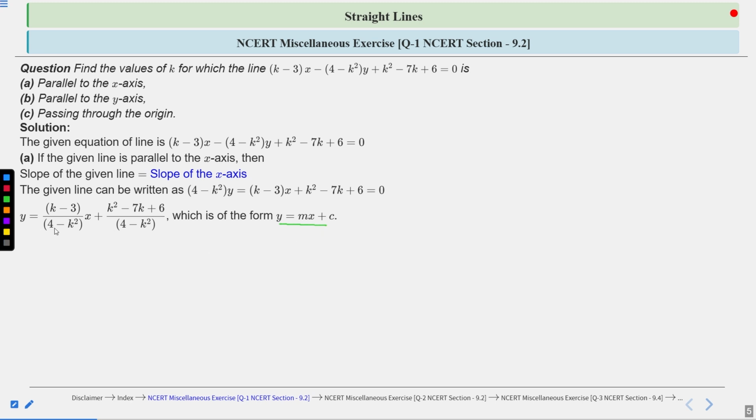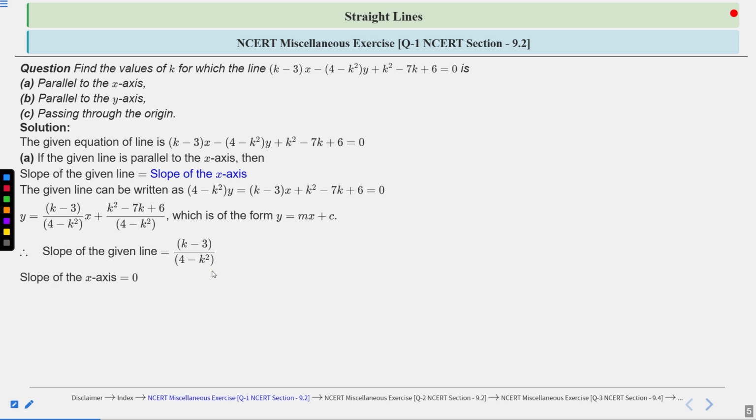If we compare it with the general form y equal to mx plus c, we get the values of m and c. We need the slope of the given line, and comparing, the slope of the given line is k minus 3 divided by 4 minus k square.